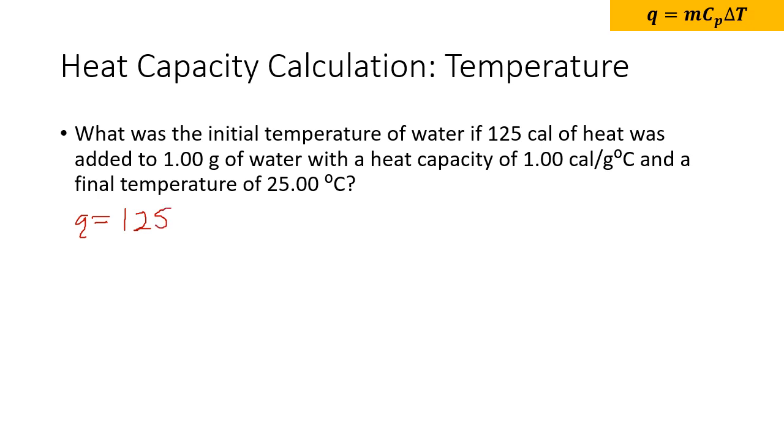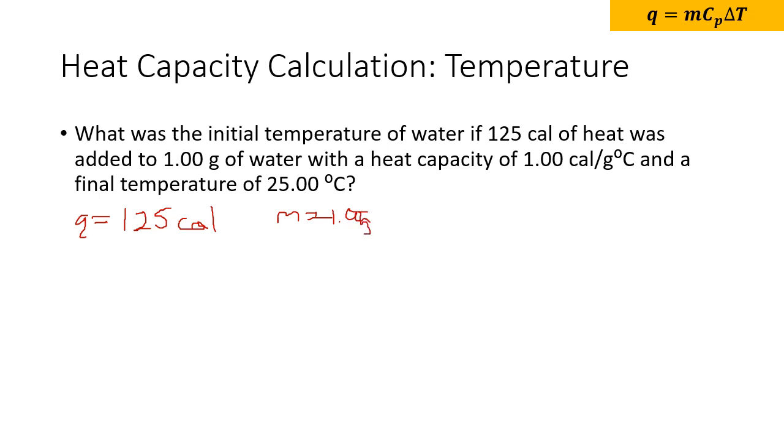And it says calories with a lowercase c, right? So this is just a normal calorie. It's not a kcal. We have mass, in this case, of 1.00 grams. Okay.